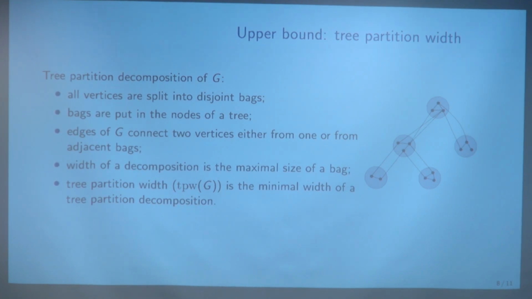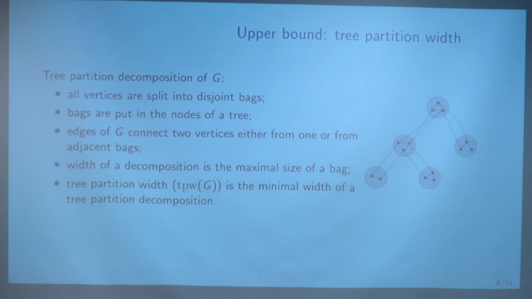So tree partition width. A tree partition decomposition of a graph G is a tree where vertices in this tree are bags, and we split vertices of our graph G disjointly into these bags. And then let's draw all the edges of G on this picture, and if 2 bags are connected by an edge of graph G, let's draw there a thick edge, a meta edge. And these bags and meta-edges should form a tree.